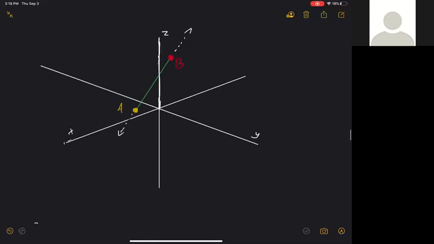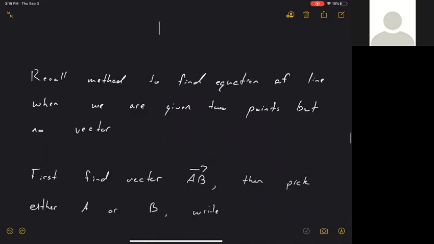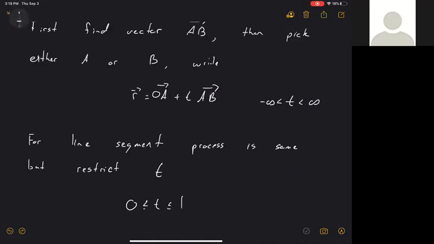You pick either A, or origin to A if you want to think about it that way, or you pick origin to B as your r sub 0. And then you write r equals r0 plus tv. So this is your parallel vector, and this is your starting point or starting vector. And that gives you your equation of the line.